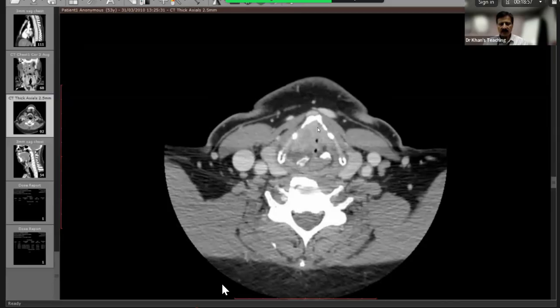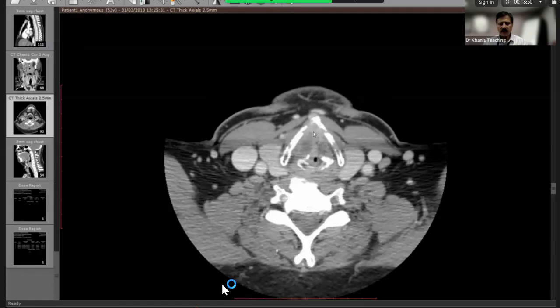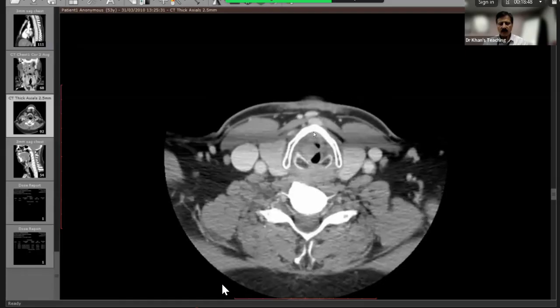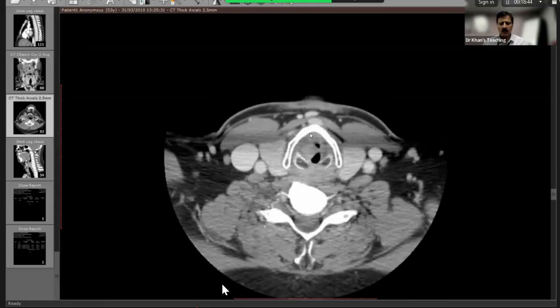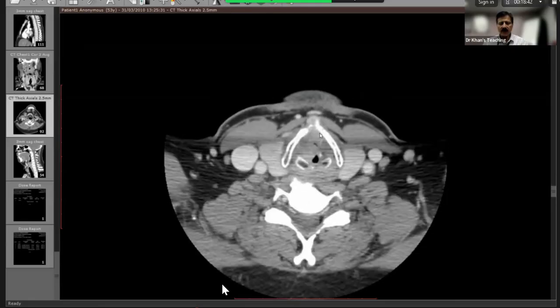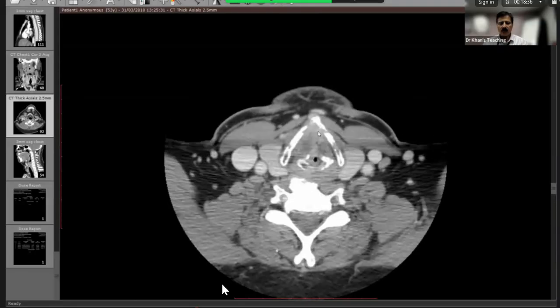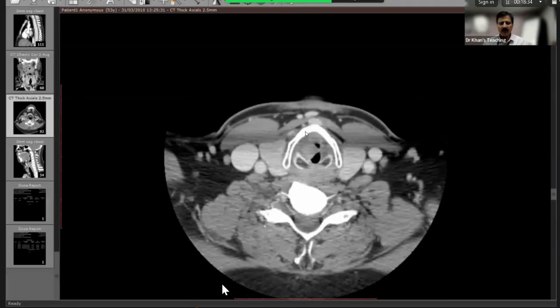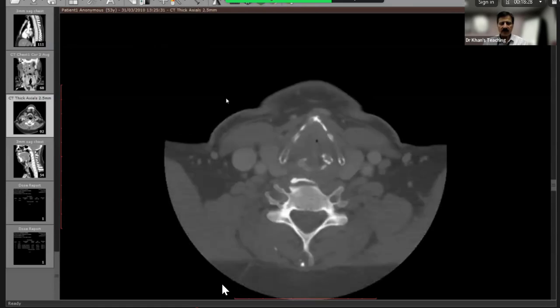Having said that, nobody is expecting you to pick up these things in your FRCR exam, but you should be able to diagnose a tumor there. And nobody is stopping you from asking for a bone window, particularly to see if the cartilage is involved.